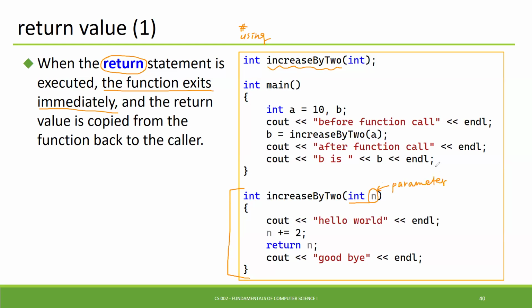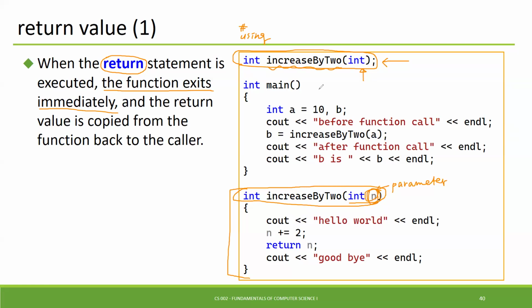And then here, this is the declaration, right? The declaration should be exactly the same as this header, this prototype, except you may omit the name. So here I don't have n, I only have int. It is okay. However, in the definition, you must have the parameter here.